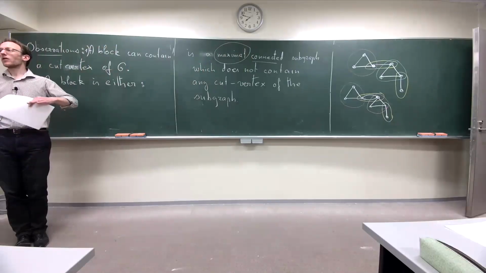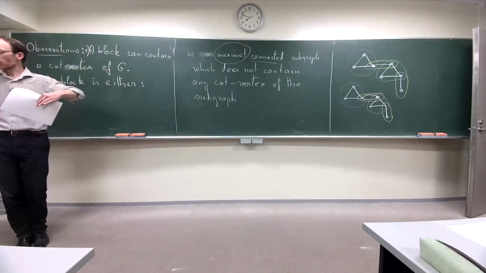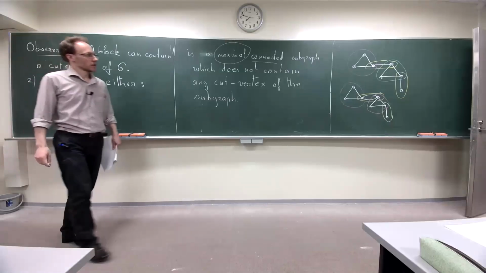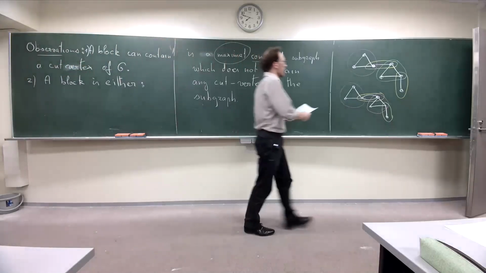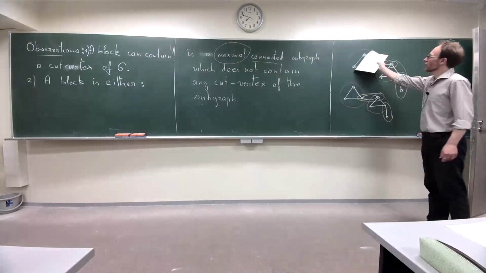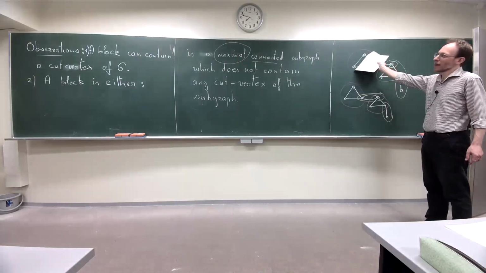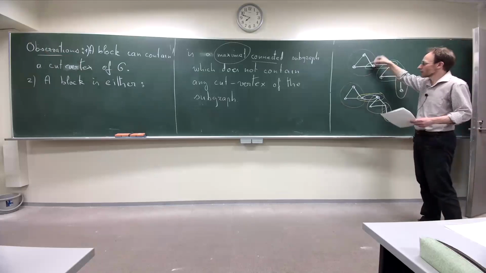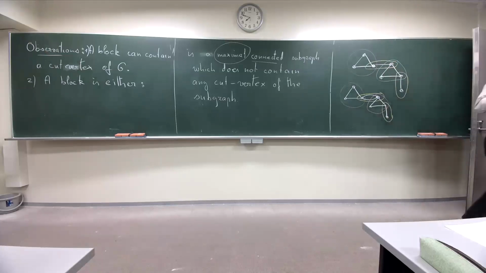Maximal is you cannot find one which is bigger and has the same property. So, for example, if you just consider this, it could be a block, but it's contained in a bigger one. So maximal is always the biggest one with some property.